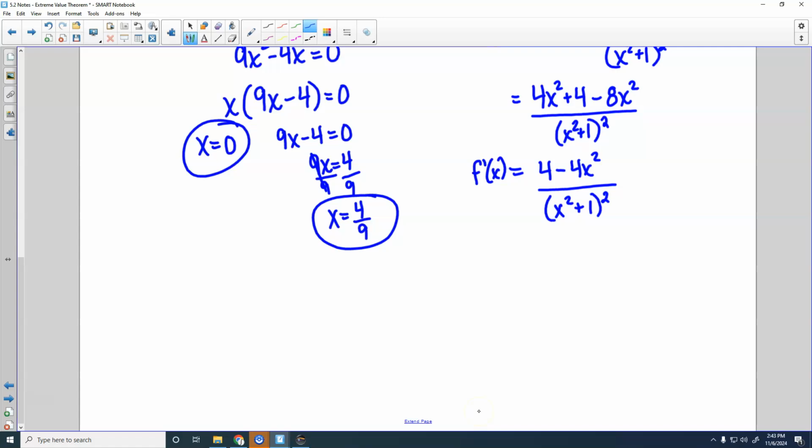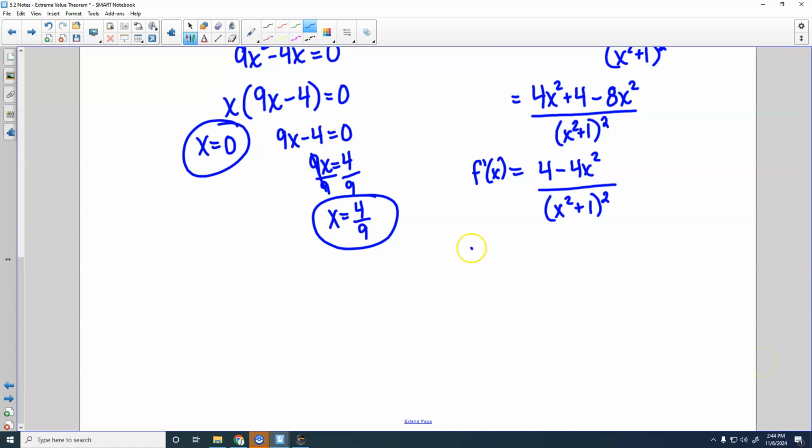Everybody okay there for that derivative? All right. So we want to know where that derivative equals 0 or is undefined, right? So what is going to equal 0 if the derivative is 0? The top will equal 0 if my derivative equals 0. What equals 0 if the derivative is undefined? The bottom.